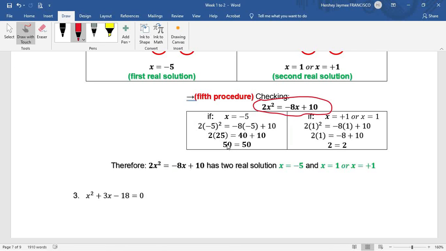When you check it, it is balanced. Therefore, your x is correct. If your other real root or real solution, which is x is equal to positive 1, is substituted into the original equation, the equation should be balanced. If balanced, it is correct. So, the conclusion: 2x squared is equal to negative 8x plus 10 has two real roots or real solutions, which are x is equal to negative 5 and x is equal to 1 or positive 1.